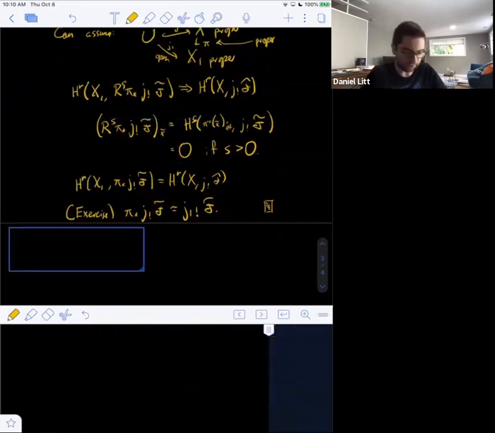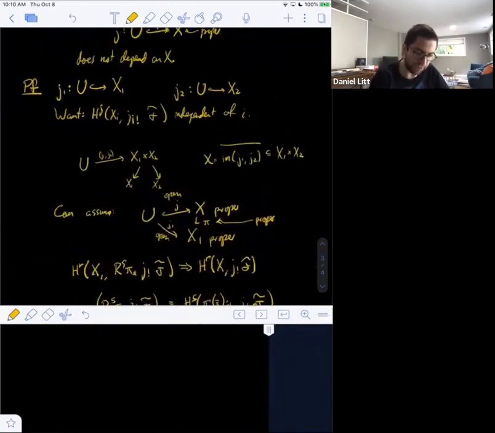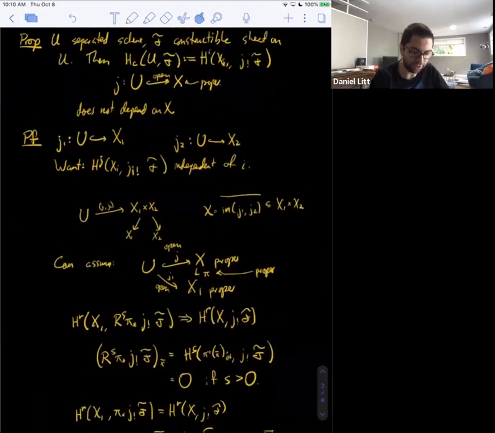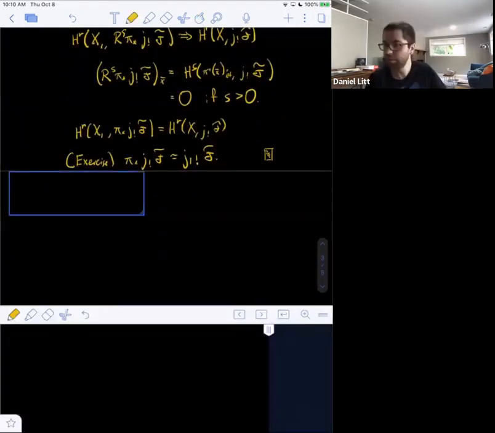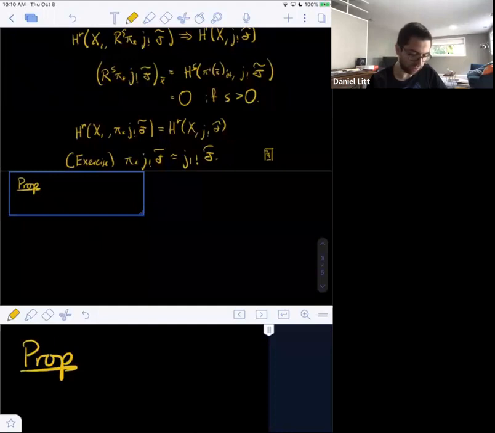Great. All right, now that we actually have a definition of compactly supported cohomology, at least for separated schemes of finite type, let's discuss some of the properties. So here's a proposition.